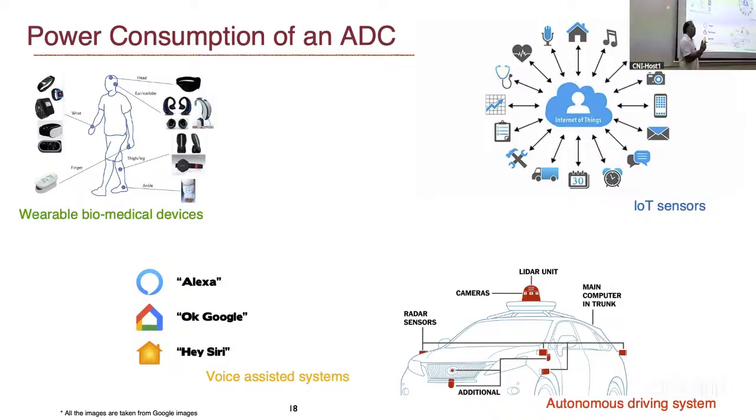There could be other devices connected to these things, which will also consume power, but our focus is on power of ADC. Is that fine? Okay, let's move forward. So let's understand how power of ADCs works, and why we should have low power ADCs. That motivation is clear, right? All these devices have ADCs, and we want to have low power ADCs.